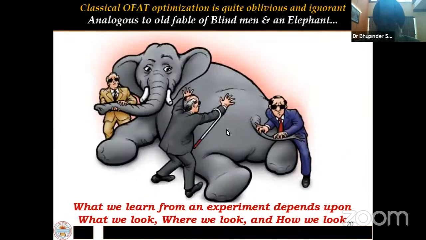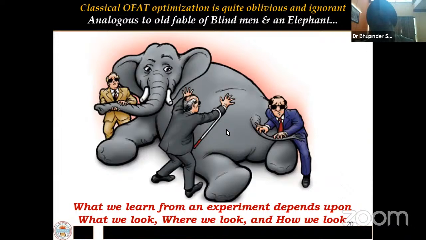It's just like groping in the dark and commenting upon a big animal by a group of blind people, the famous old adage of the blind men and the elephant. The one who's feeling the tail says, I have found it's like a rope, like a snake. The one feeling the ivory says, it's like a spear, like a bhala.